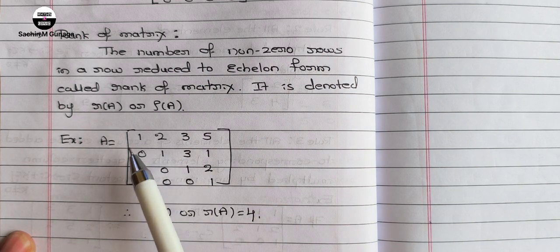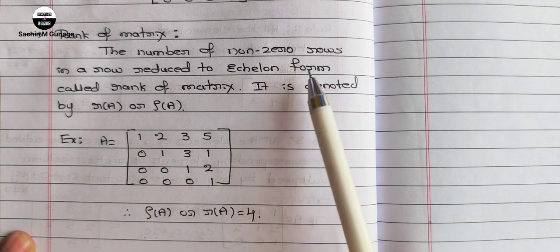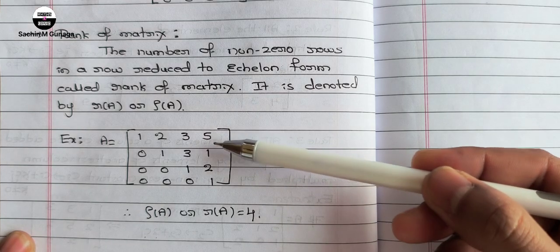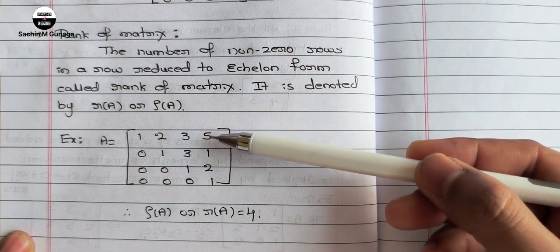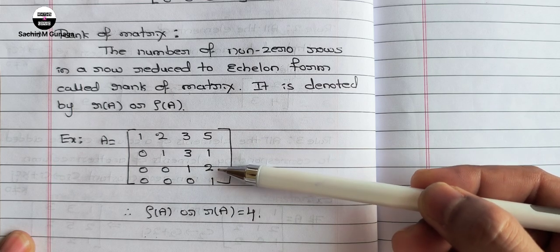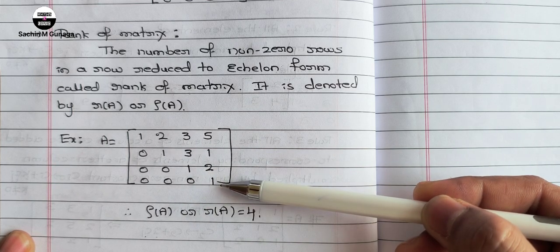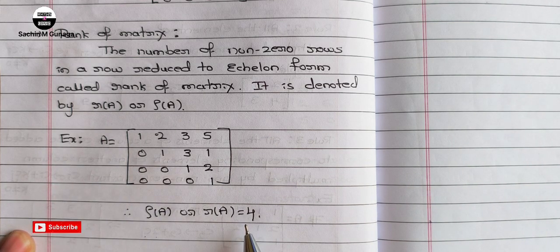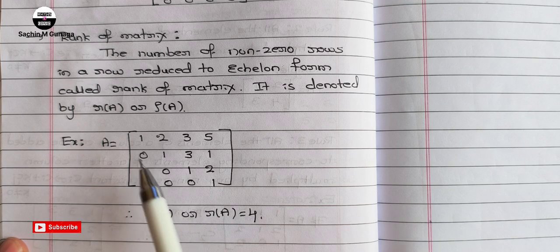In this example, we can see this is already in echelon form. Here, search for the number of non-zero rows. This is the first non-zero row, this is the second non-zero row, this is the third non-zero row, and this is the fourth non-zero row. Therefore, the rank of this matrix directly goes to 4, because there are 4 non-zero rows.